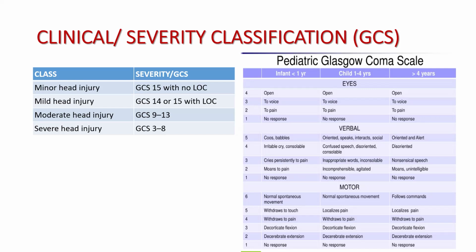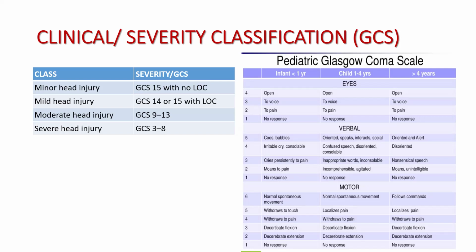So for the verbal, if they are playing about, they are bubbling, making bubbling sounds, they score a 5. If they are irritable and they don't want to see you, but they can be consoled, they score a 4.